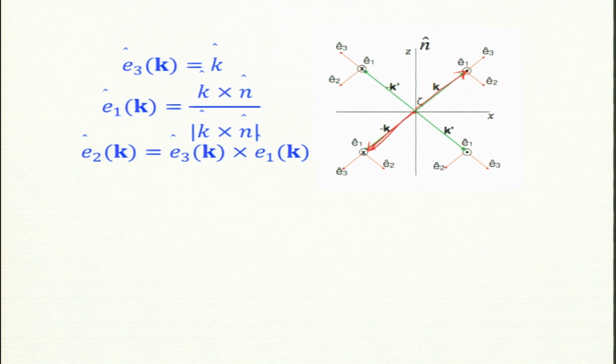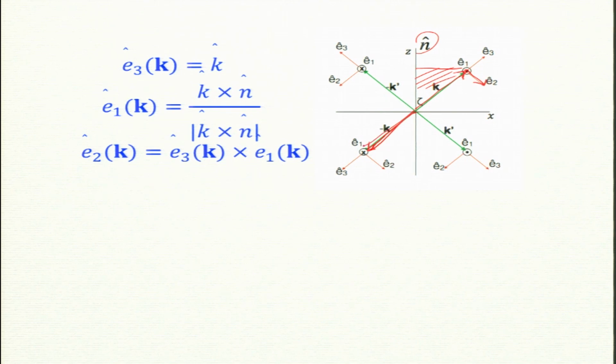So n cap is this way, so my plane is this. So E1 is perpendicular to the plane, for k vector towards me, upward to the plane like this. E2 is downward like that. So E3 cross E1 is E2. Okay. So this is it.